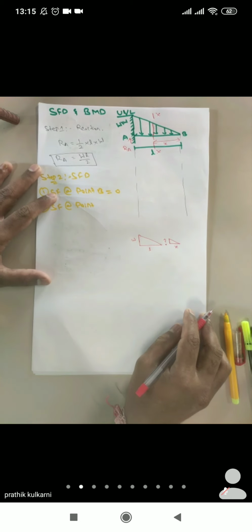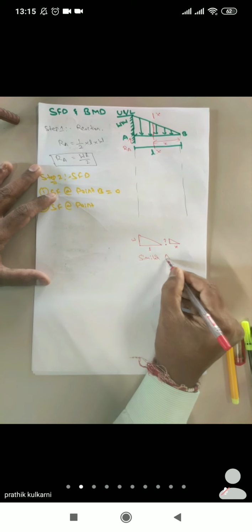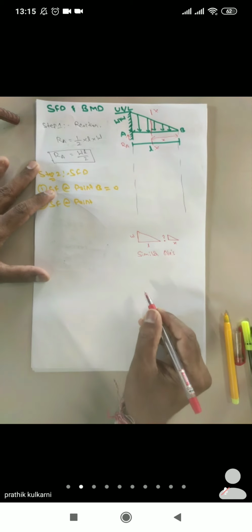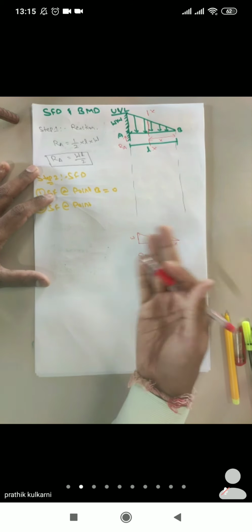So how can I find it from similar triangles? If you go with your mathematics, these two are similar. This is also a right angle triangle, and that is also a right angle triangle, only the size is different.